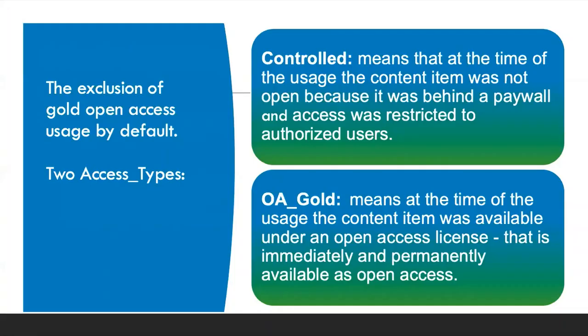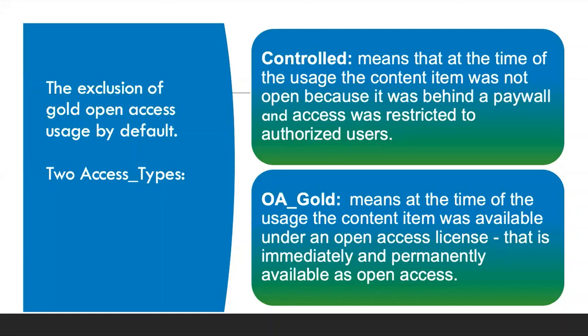One of the other things that Counter has really worked on is excluding gold open access, because again, this is something we heard a lot from the community. How do we know how much of the usage on any given journal report is OA and how much of it is subscribed or controlled content?